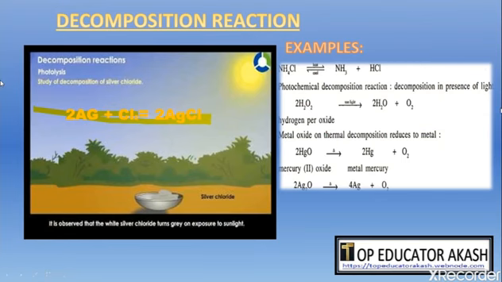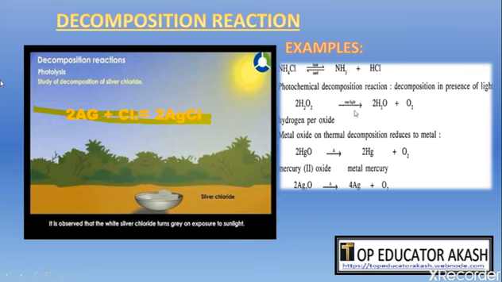So let's start the decomposition reaction. It is a reaction in which a single compound breaks down into two or more products. Example: AgCl, silver chloride. When sunlight is passed through silver chloride, silver and chlorine gas are released. Other examples are hydrogen peroxide.